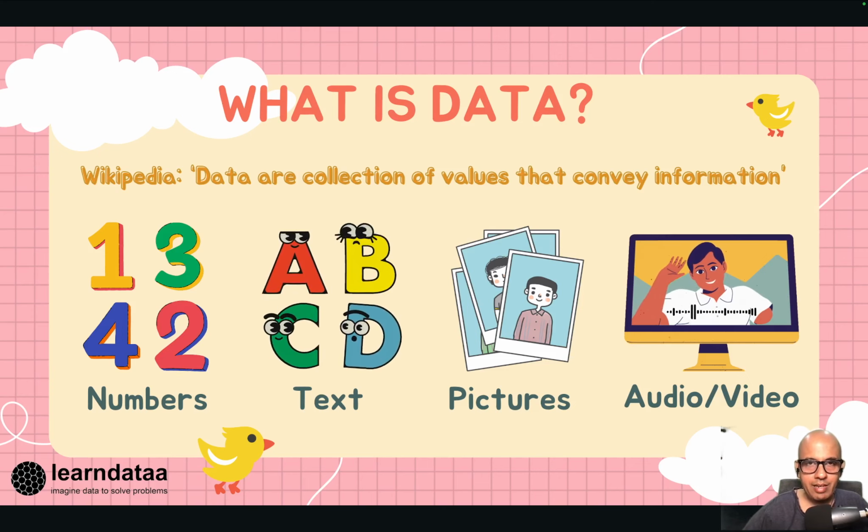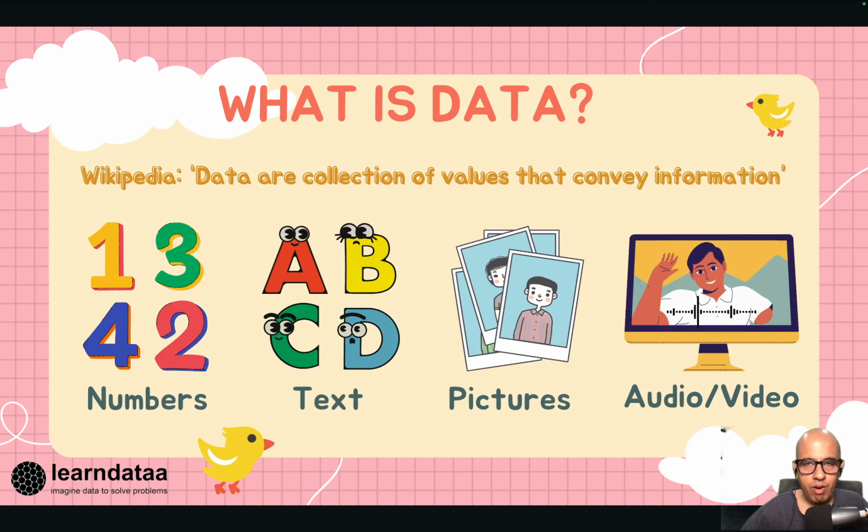There can be text data. If there are documents, let's say magazines for sports, science, arts, each of those documents would have text in it, and that could be a different type of data.